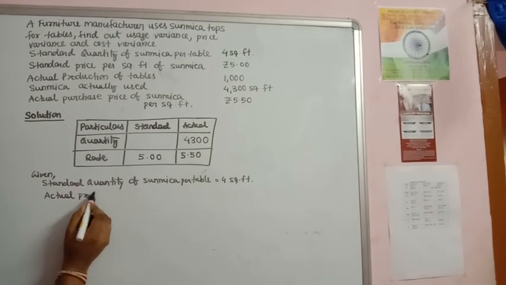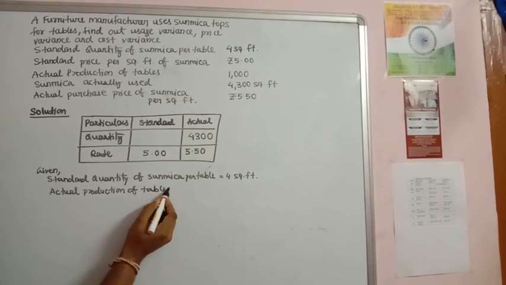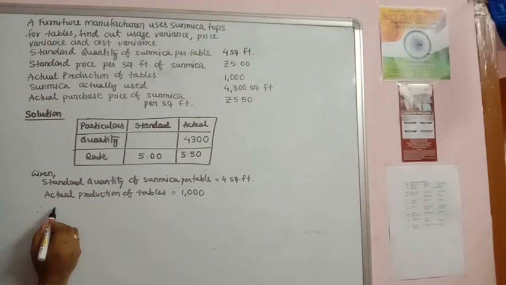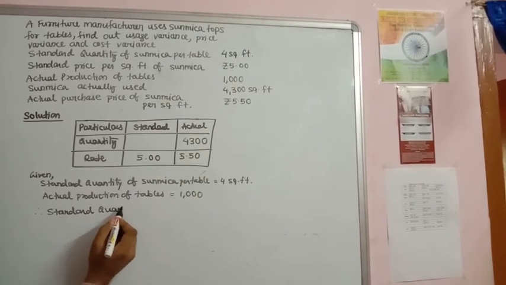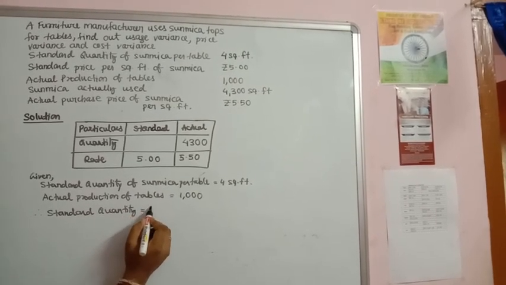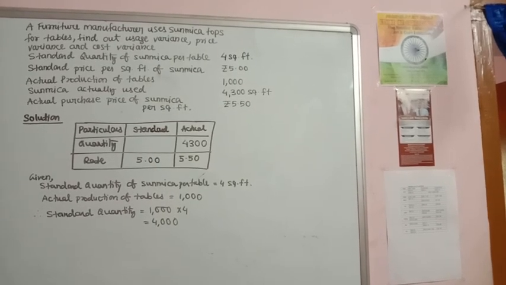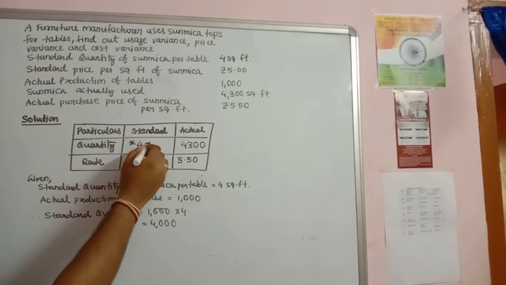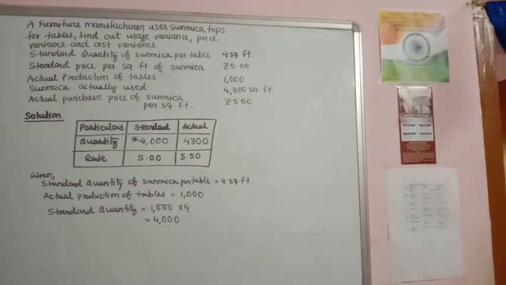Actual production of tables is equal to 1000. You are making 1000 tables. So therefore, standard quantity will obviously be 1000 into 4, that is 4000. So 4000 is the standard quantity. So now we can fill this information here, that is 4000. Now since we have the standard quantity also, we can very easily proceed with the numerical.